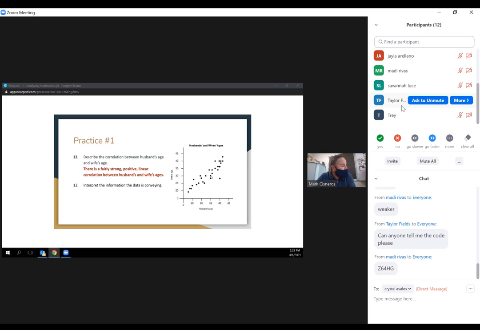But if you look at all the data points, for the most part, what do men and women tend to do? They tend to marry somebody that's about the same age, right? Or within a couple years of each other. And that's an interpretation. That's a generalization that we can make. We tend to marry people around the same age within a couple years.